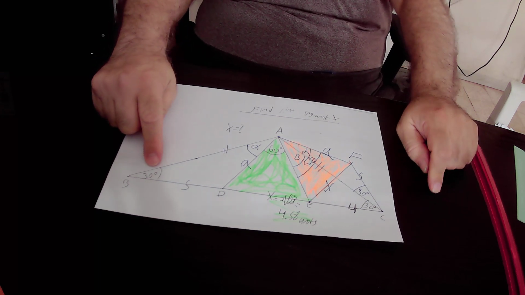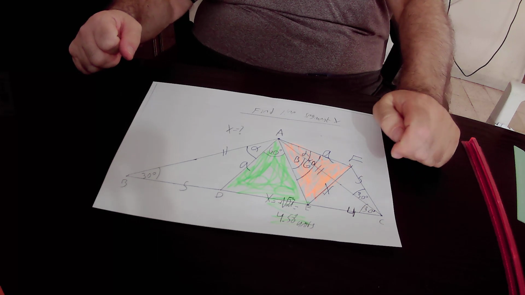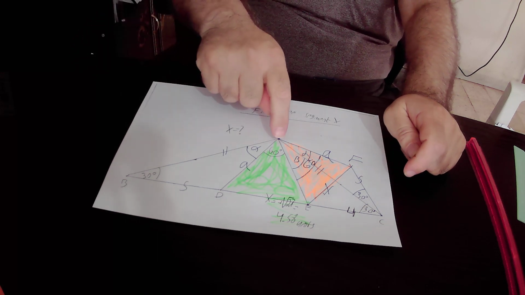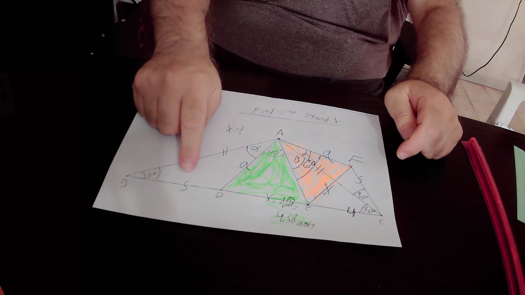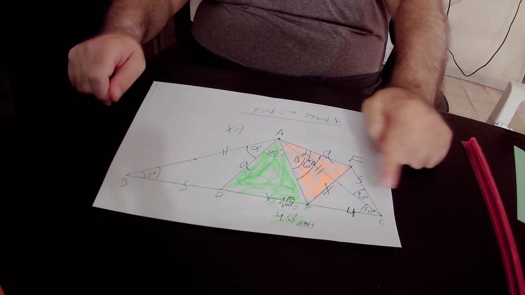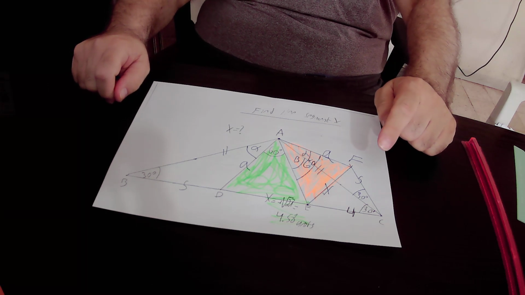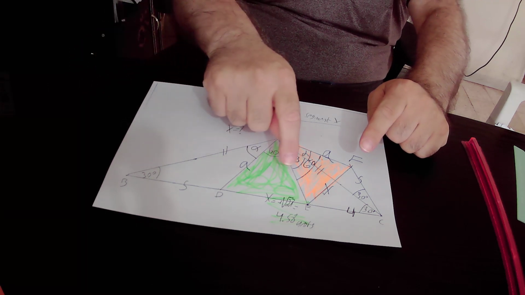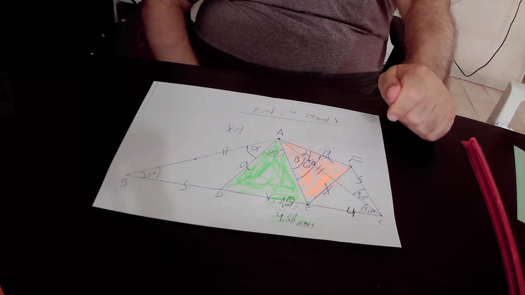Angle ABC equals 30 degrees. Angle ACB also equals 30 degrees. This angle DAE equals 60 degrees. Line segment BD equals 5 units. Line segment EC equals 4 units. And our mission is to find the length of line segment DE that is equal to x.